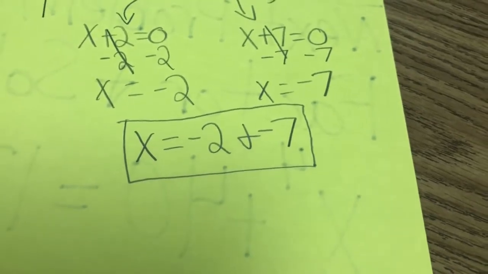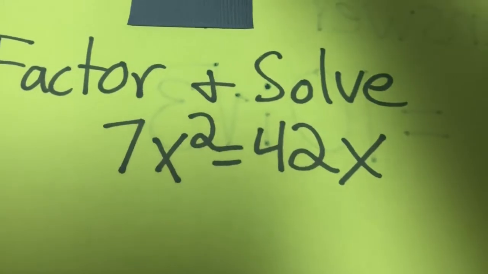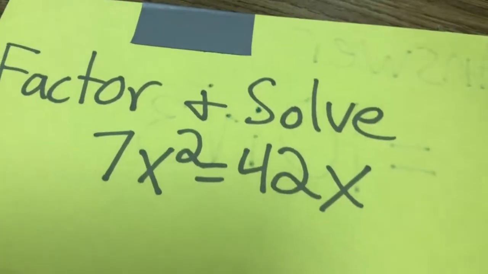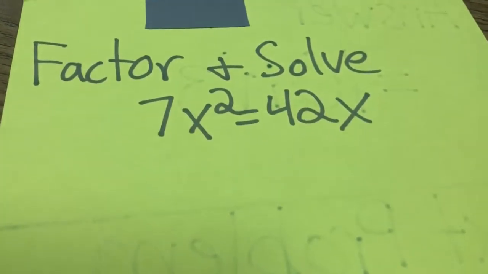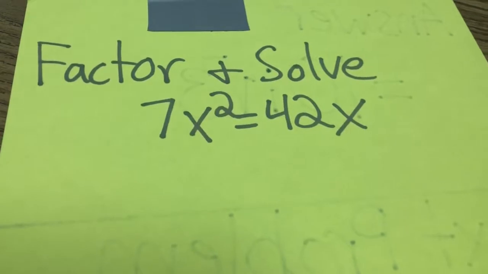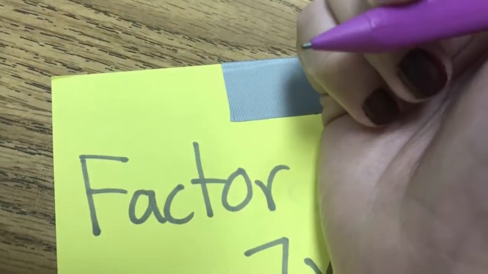This answer was found at the top of this one. Factor and solve 7x squared equals 42x. So for this one, we're going to put it into the general form that we're used to. If you need it, the general form that I continue to put all of these in is ax squared plus bx plus c.